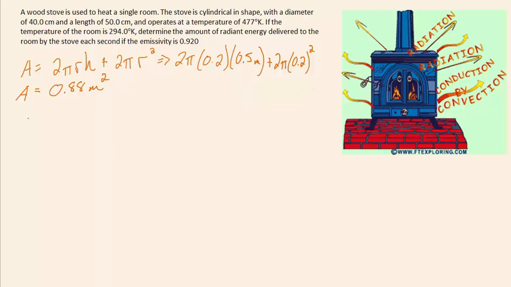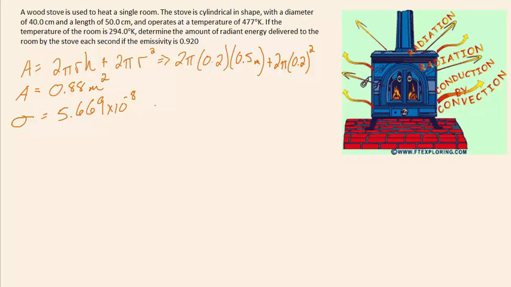So now that we know the area, and we know our energy is transferred through radiation, we're going to use the Stefan-Boltzmann constant, which has a value of 5.669 times 10 to the negative 8th.